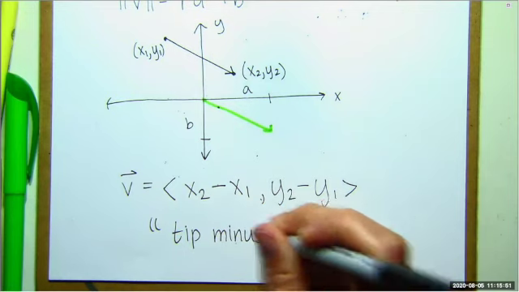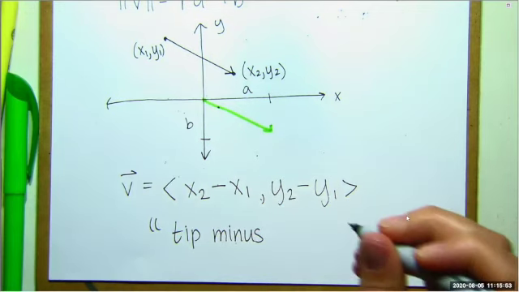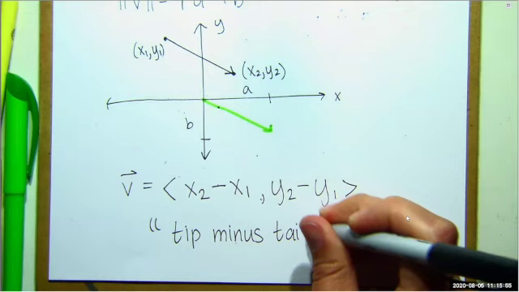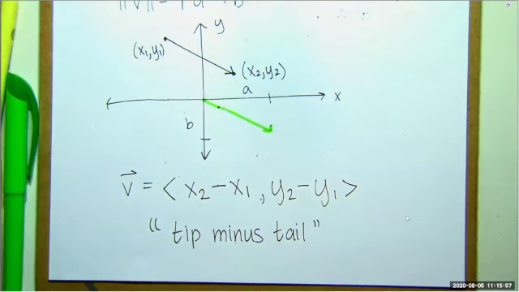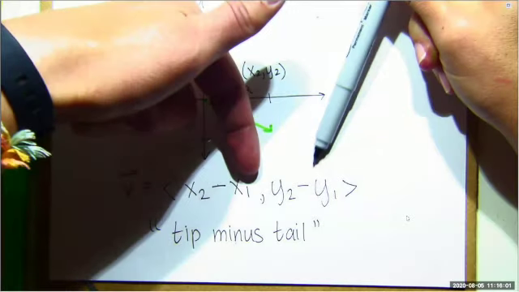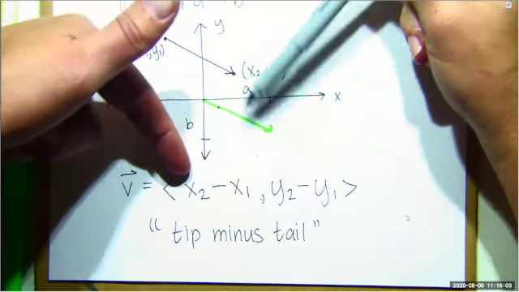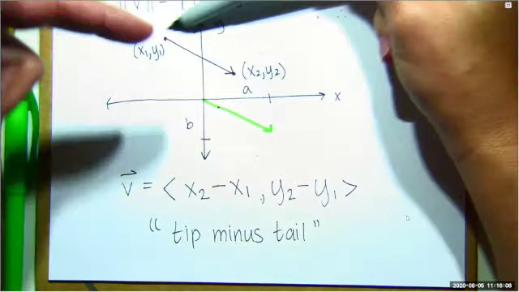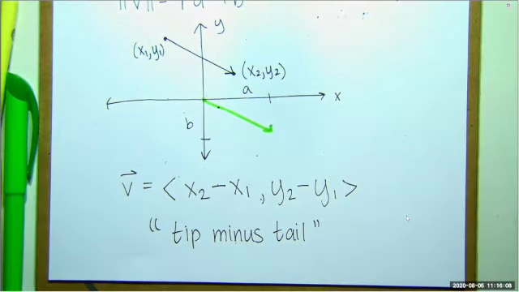One of my engineering friends told me that the engineering professor here refers to this as tip minus tail. So these are the ending points minus the starting point. The tip would be the arrow, and the tail would be the tail end of the vector. So, tip minus tail.